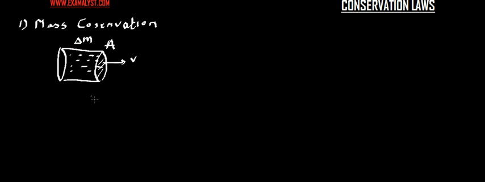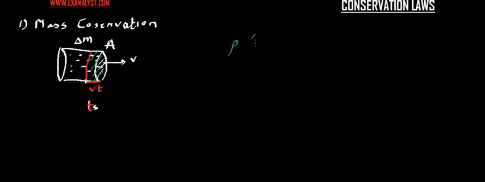Okay, let us see in 1 second how much liquid is flowing. In 1 second, the amount of liquid which is ready to flow out is this length, v into t. If I consider not 1 second but t seconds, then vt gives this length, and if you multiply with the area of cross section, then you get the volume. Then you have rho, the density of water, say, and you multiply with volume.